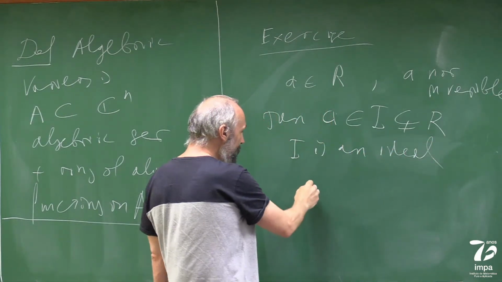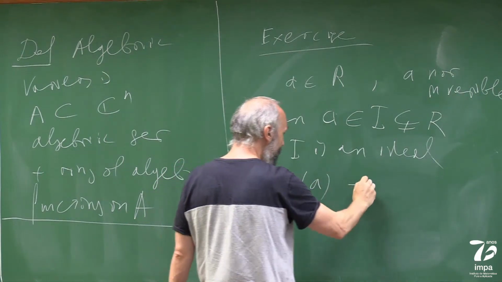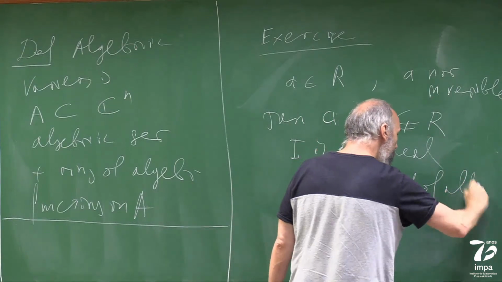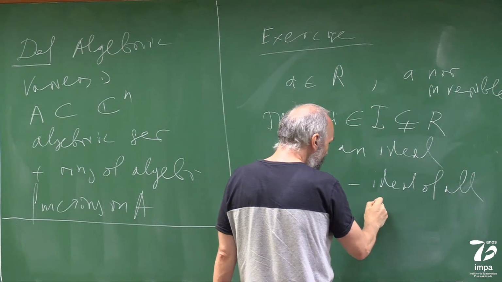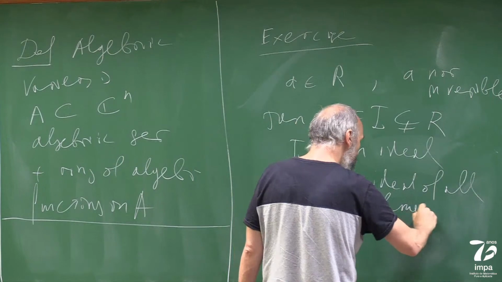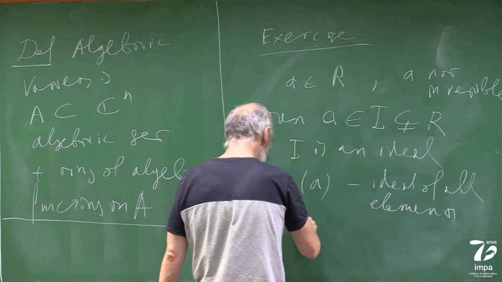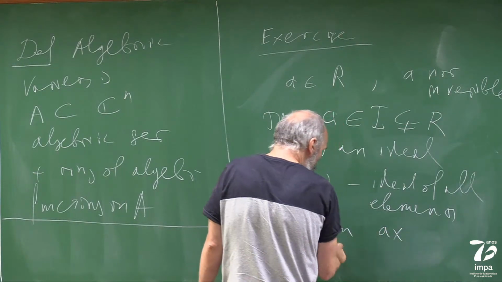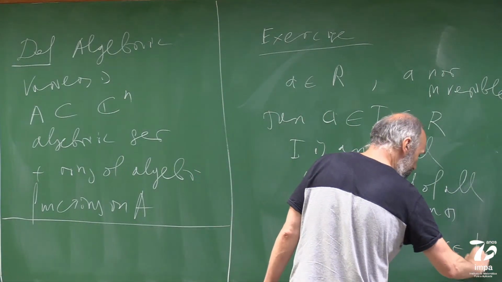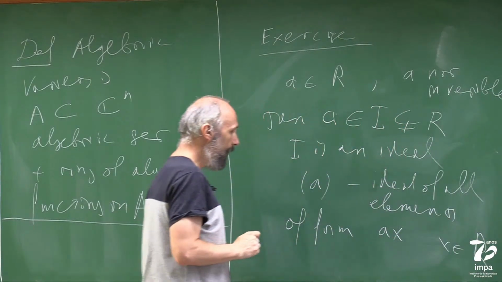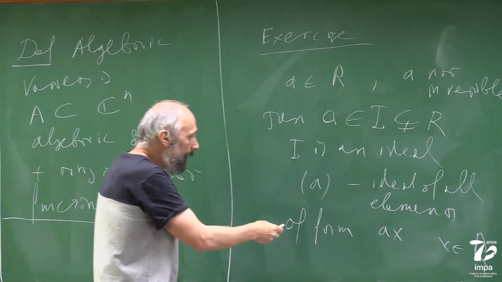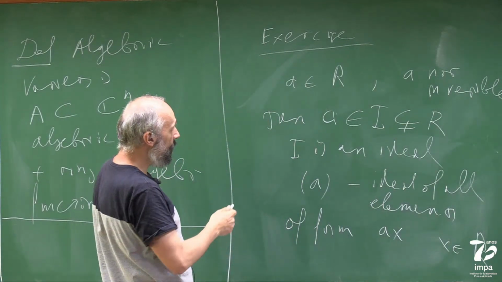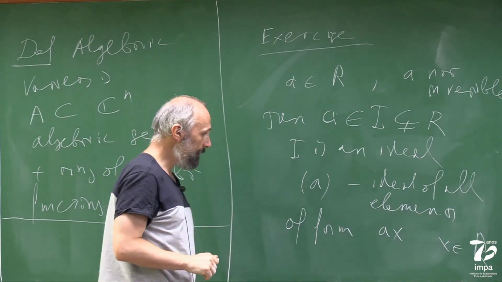For instance, you can consider the ideal generated by A. It's the ideal of all elements of the form AX, where X belongs to the ring R. So unity doesn't belong to this ideal generated by A because A is not invertible.